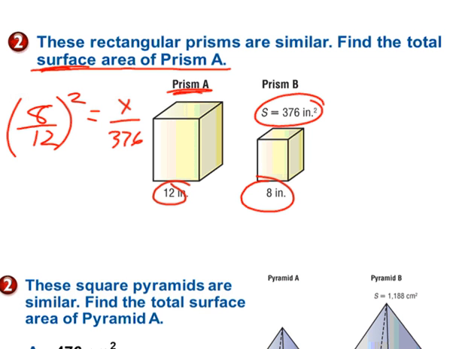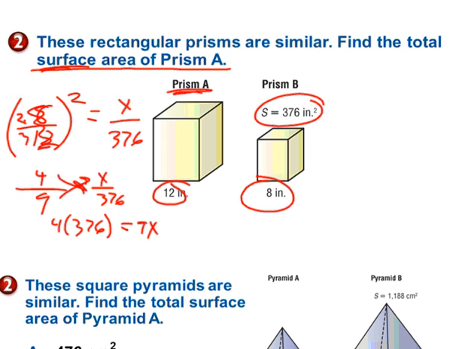Well, I'm going to do some reducing here before I square. 8 over 12 reduces to 2 over 3. 2 squared is 4. 3 squared is 9, so I've got 4 ninths is equal to x over 376. Now I'm going to do my cross multiplying. 4 times 376 is equal to 9x.